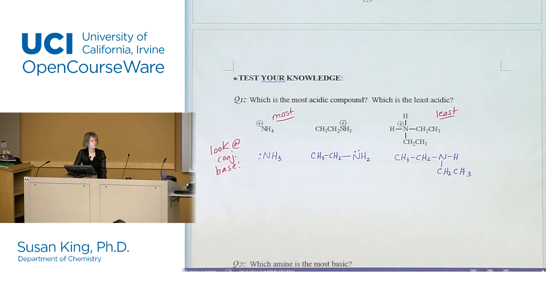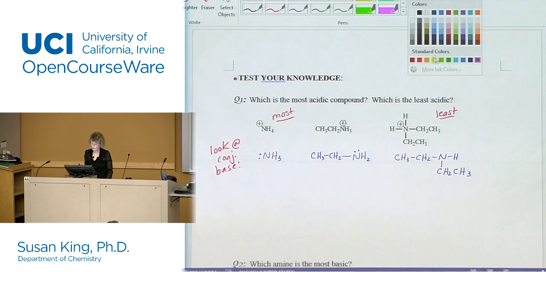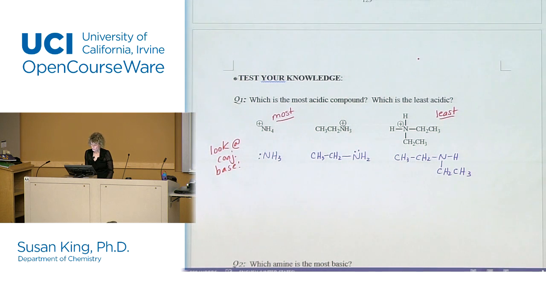All right, so are alkyl groups electron donating or electron withdrawing? They're electron donating. So what is that going to do to the stability here? This one has 1 ethyl group donating electrons to the nitrogen. This one has 2 electron donating groups. Which is the most electron-rich nitrogen? First one, second one, third one. Third one's most electron-rich.